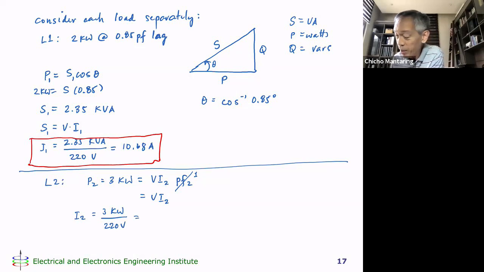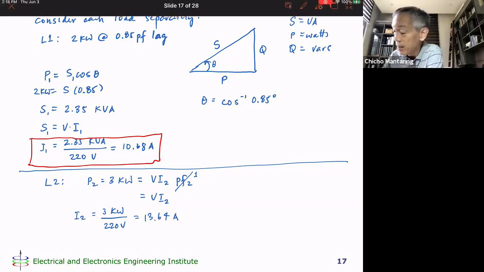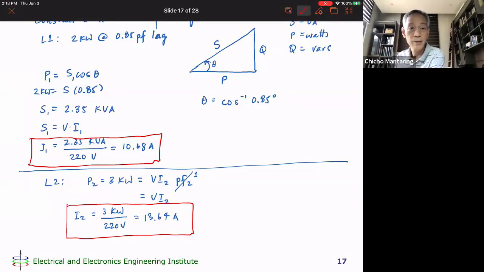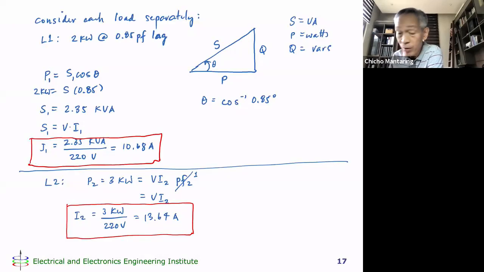And this is going to give me 13.664 amperes. Okay. So that's my I2.